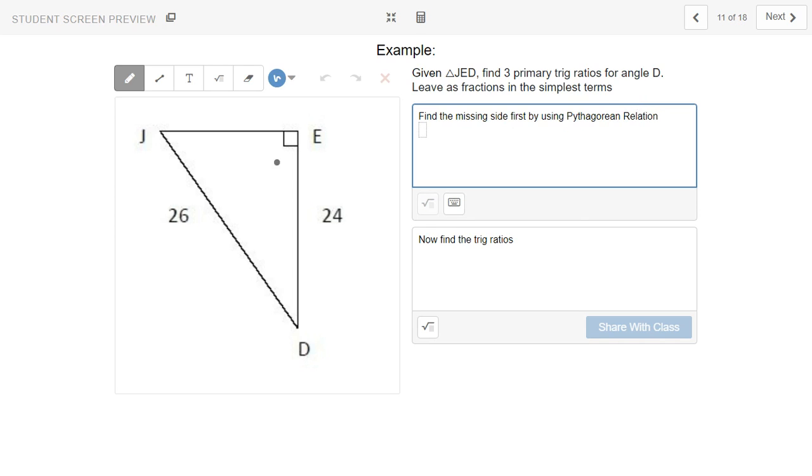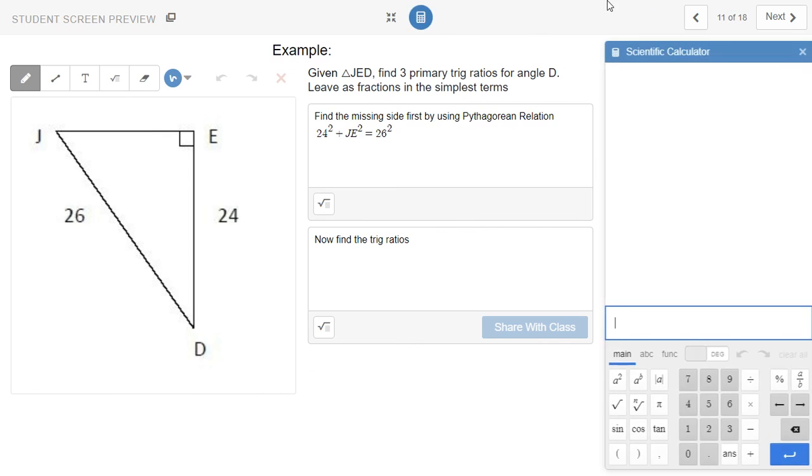So Pythagorean relation says I'm going to take my two sides that touch the 90 degrees, square them and add it up, and it's going to be equal to the third side squared. So I have 24 squared plus JE squared is equal to 26 squared. Let's expand this now.